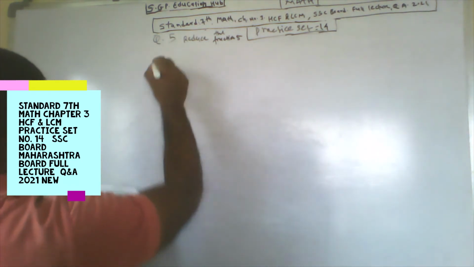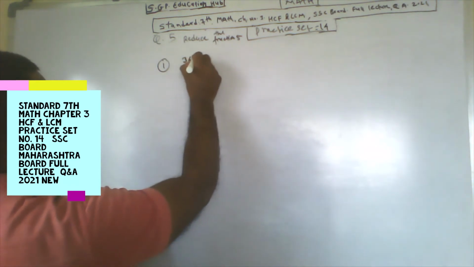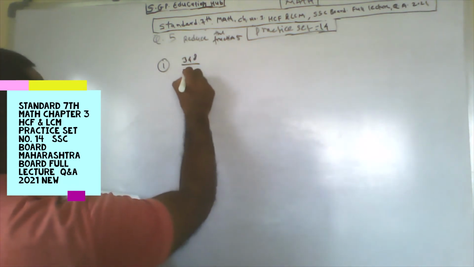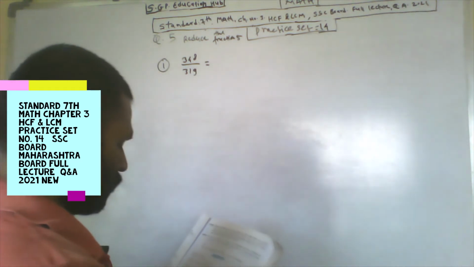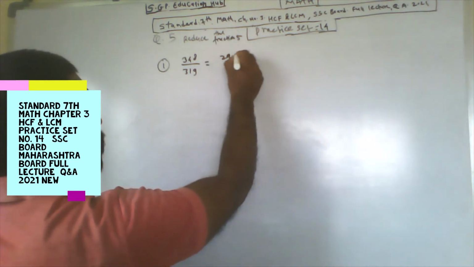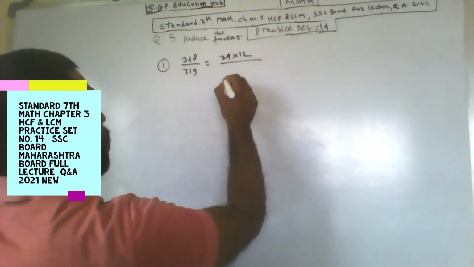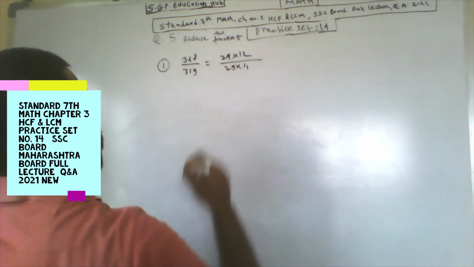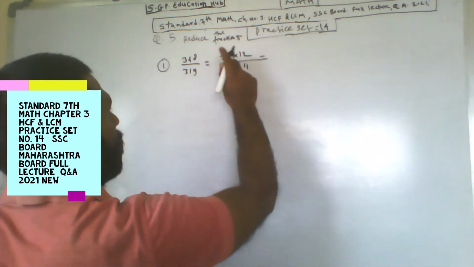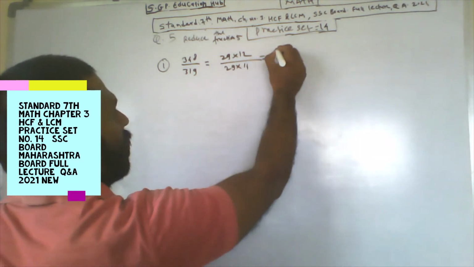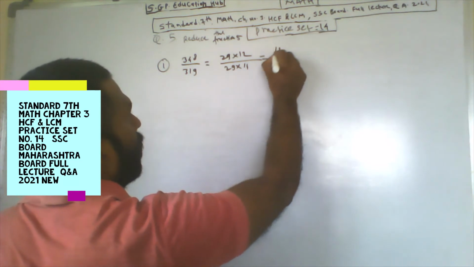One is 348 upon 319, equal to, with the help of 29 into 12, 29 into 11. So 29 cancels, 12 upon 11 is the answer.